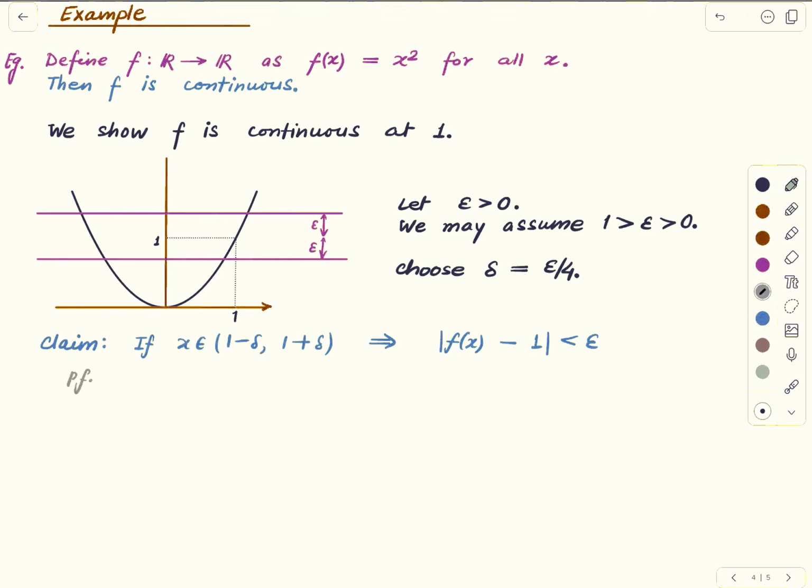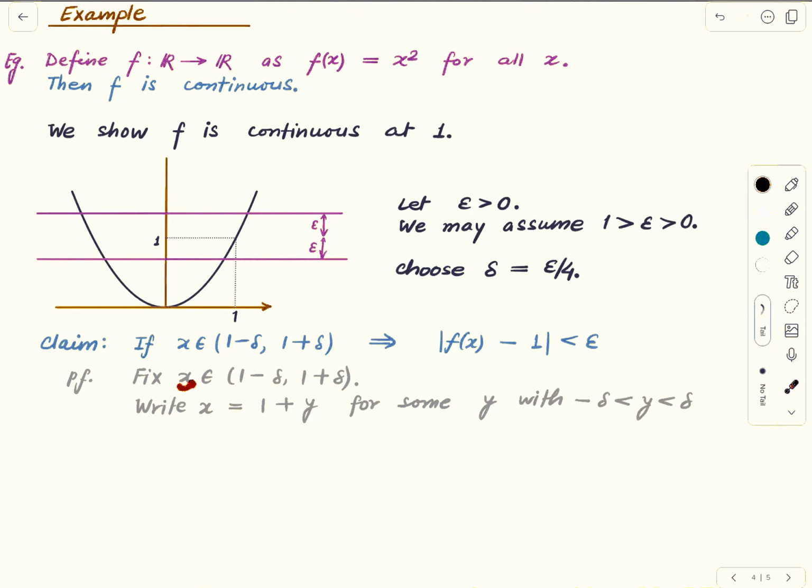Fix some x, and we want to show this holds. So write x as 1 plus y. So if we have a point x in this region, we can write it as 1 plus y for some y within that. So that's very clear.